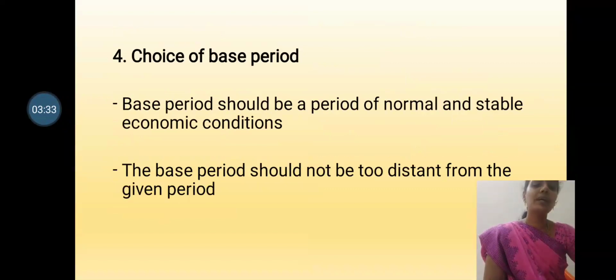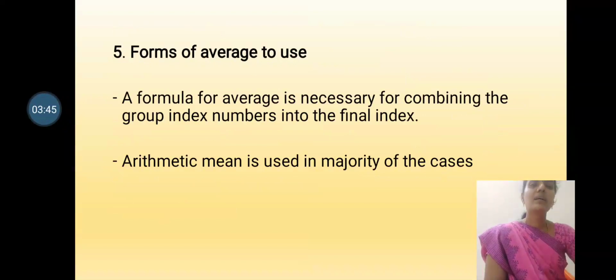The next one is choice of base period. Base period should be a period of normal and stable economic conditions. So here the base period should not be too distant from the given period. That is more important. Next one is forms of average to use. So the price index number is sometimes computed by averaging the percentage changes in price of each of the commodities included in the group.